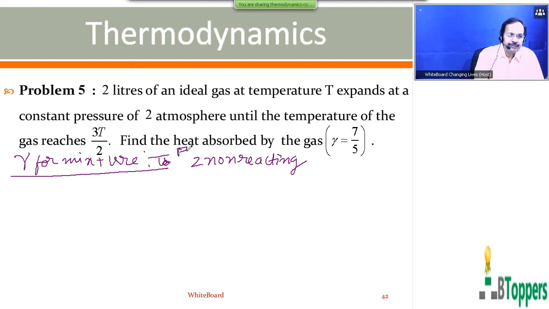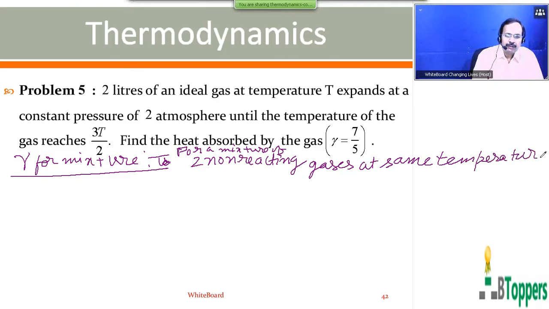For a mixture of two non-reacting gases at the same temperature, you can write that the total internal energy of the system of the two gases is equal to the sum of the internal energy of the first gas plus the internal energy of the second gas.